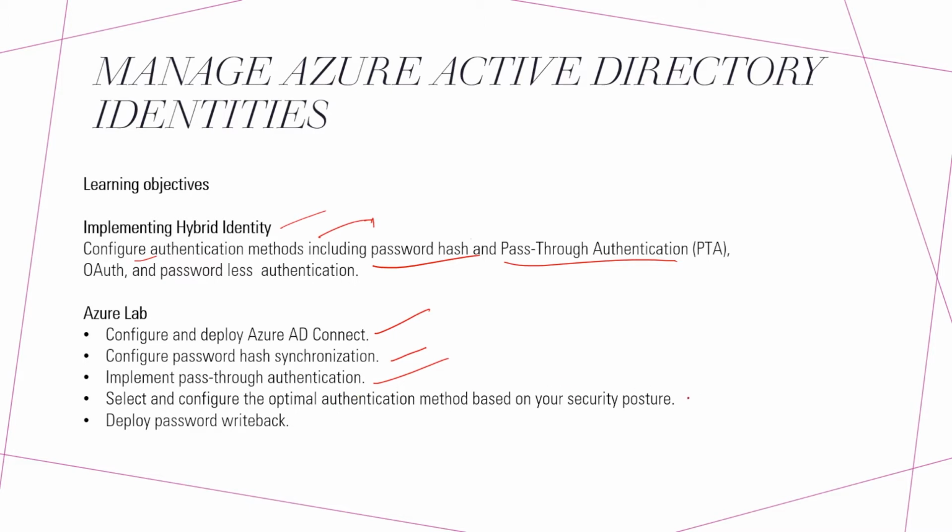And also, we will be discussing and practicing these optimal authentication methods based on our current security posture. And lastly, the deployment of password write back. So now let's move to our next slide.